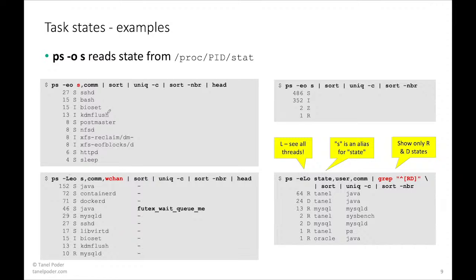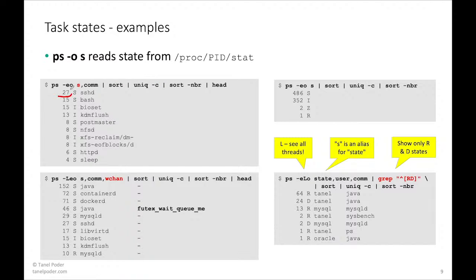And when you run ps and show the state, you can just say, show me all processes in the system, but only show the state and the command name, right? And then I don't want to see all these thousands of lines on my screen. I want to summarize it. So sort | uniq -c essentially does a group by, like in SQL.